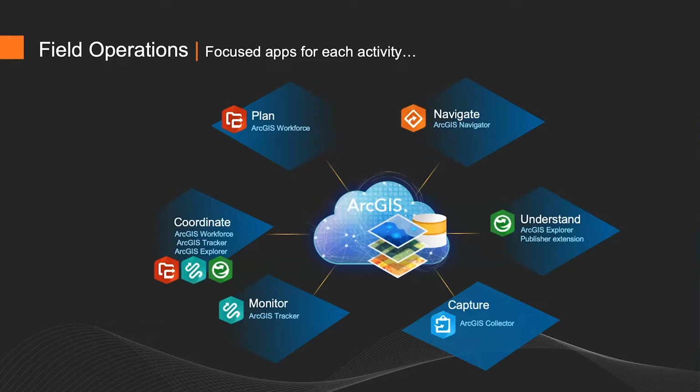How do they plan and coordinate the work activities that need to happen? How do they efficiently get to the location of the work that needs to be accomplished? How do they use maps for spatial understanding and perhaps mark up with graphics on top of the map?